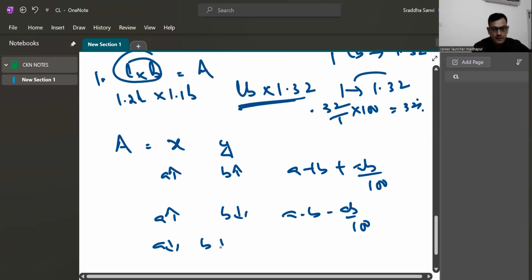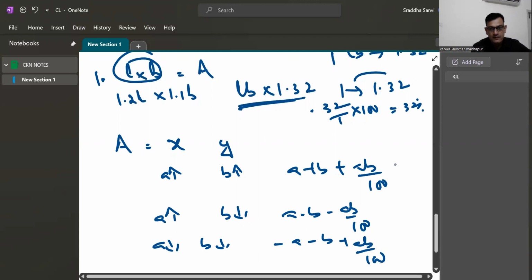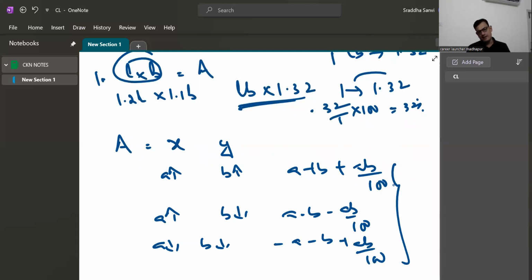If both decrease, it is minus A minus B plus AB by 100. We have three such equations. Both increasing: A plus B plus AB by 100. One increase, one decrease: A minus B minus AB by 100. Both decreasing: minus A minus B plus AB by 100.